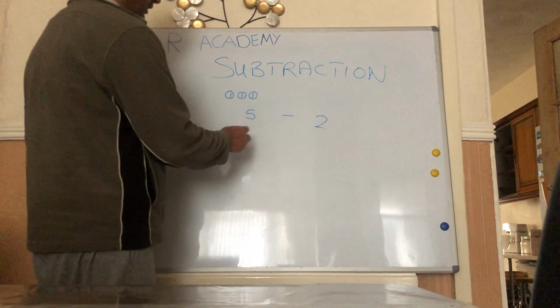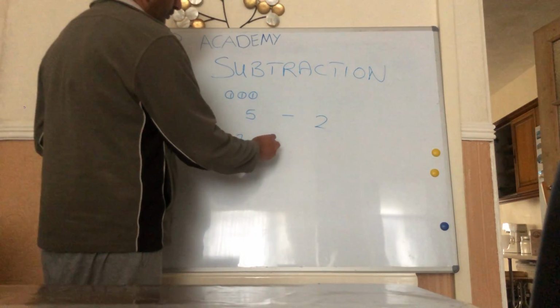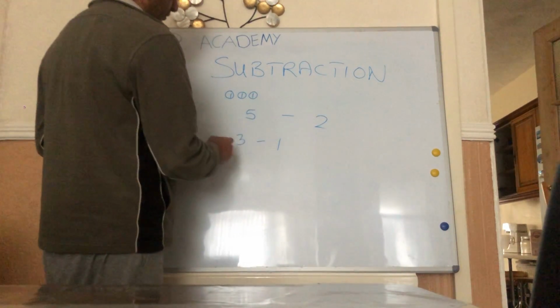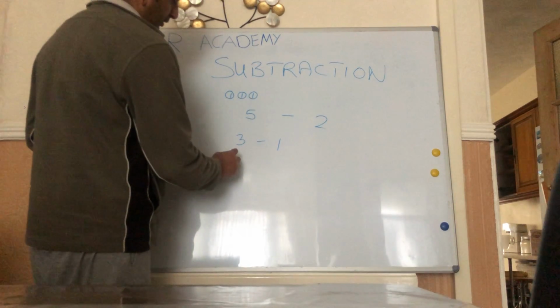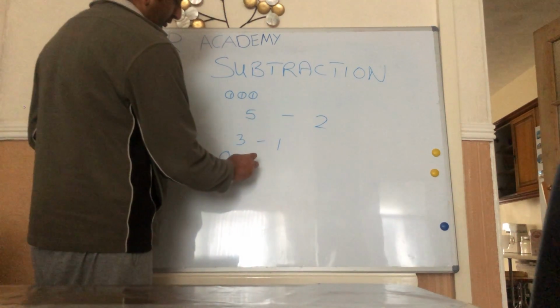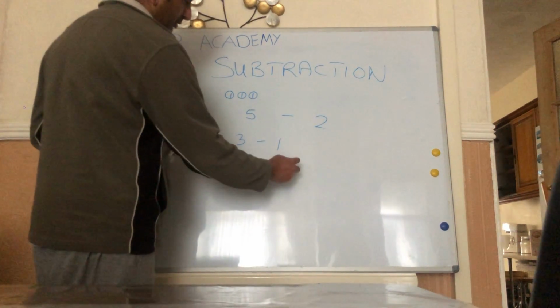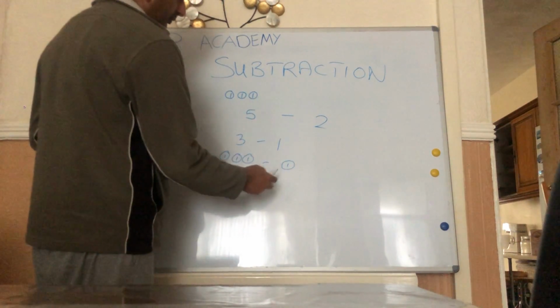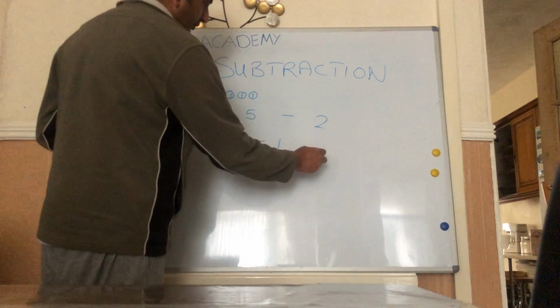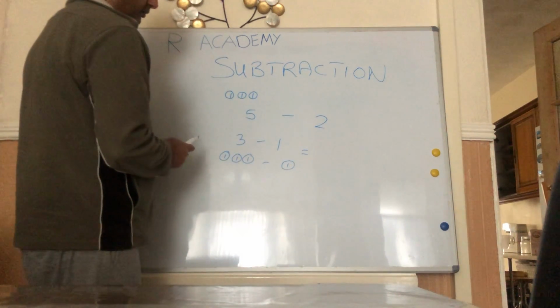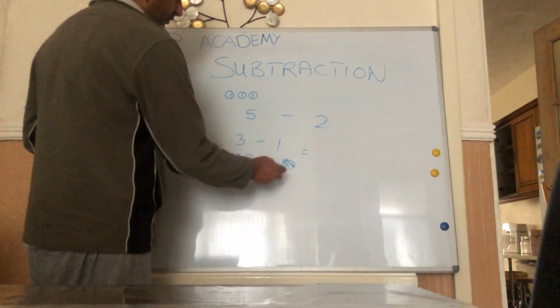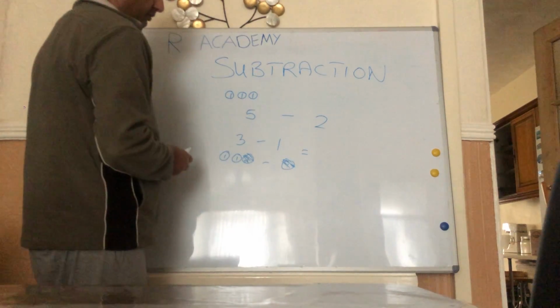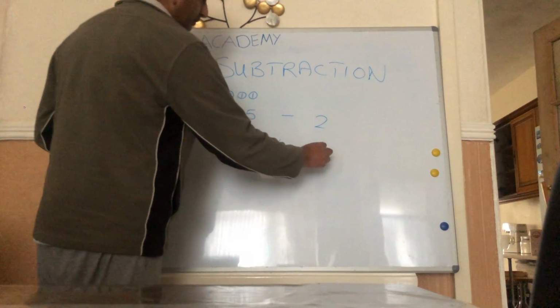So again, 3 minus 1 would be 3 pennies minus 1 penny equals what? So we just take that penny off, and we're left with 2.